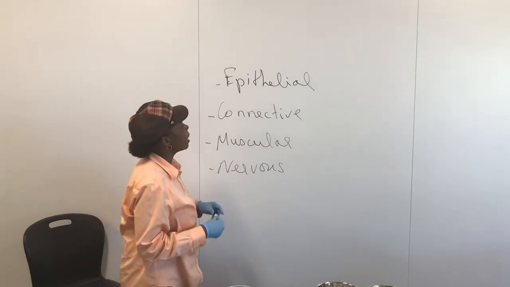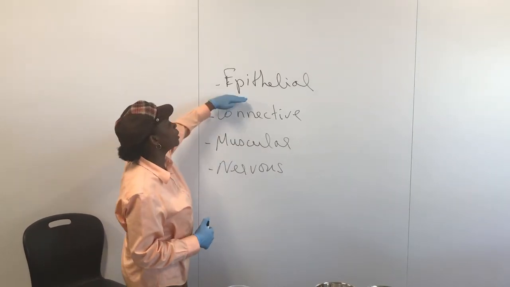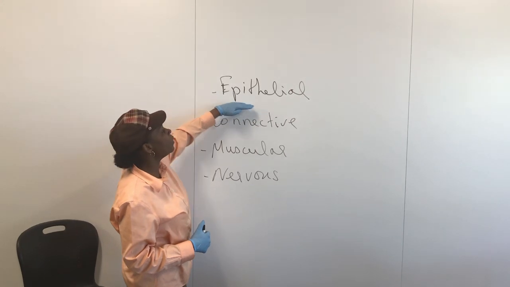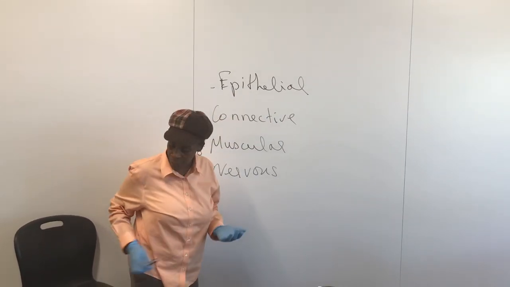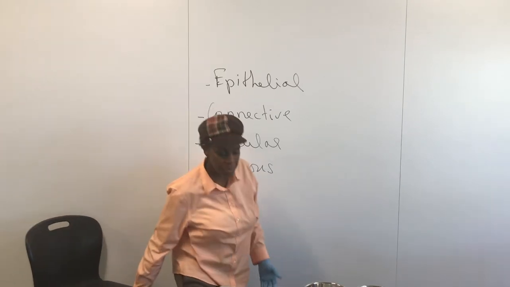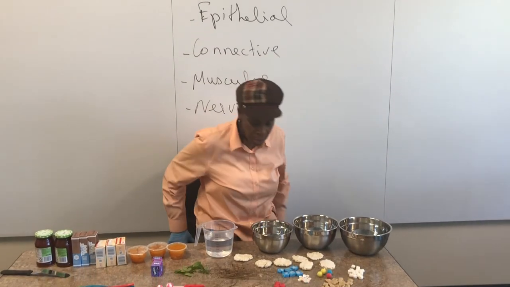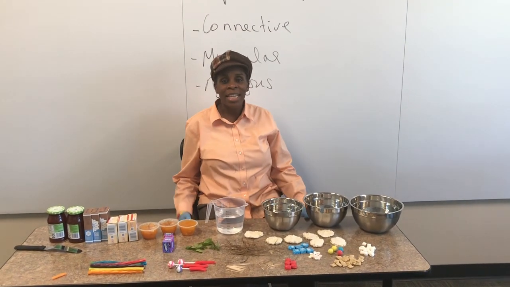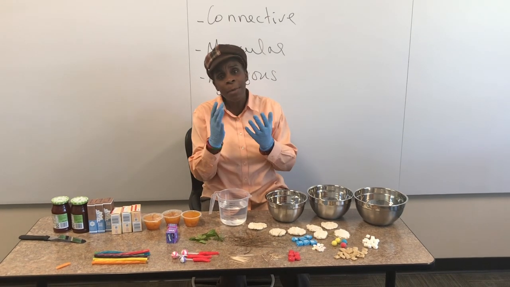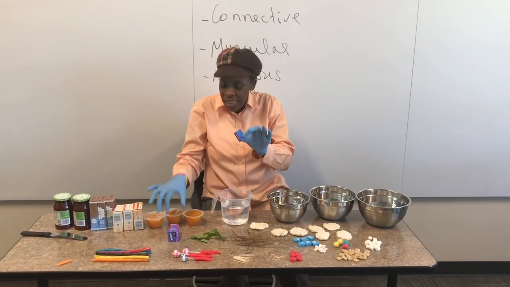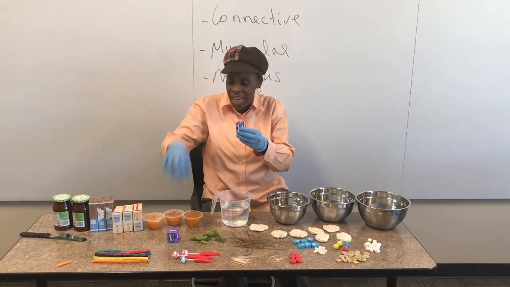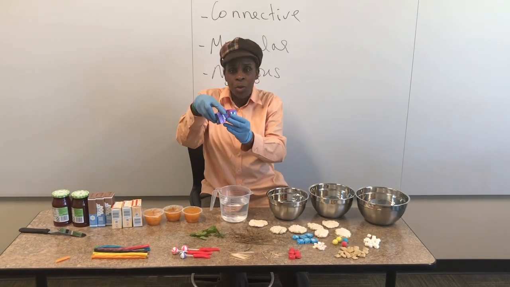I want to start with the epithelial. First, epi stands for top or above. Thelia means layer. It's on the top layer. What is particular about epithelial tissues is that they have cellularity. It means when you look at the epithelial tissues, you can see specific type of cells that actually come together with no space between them.